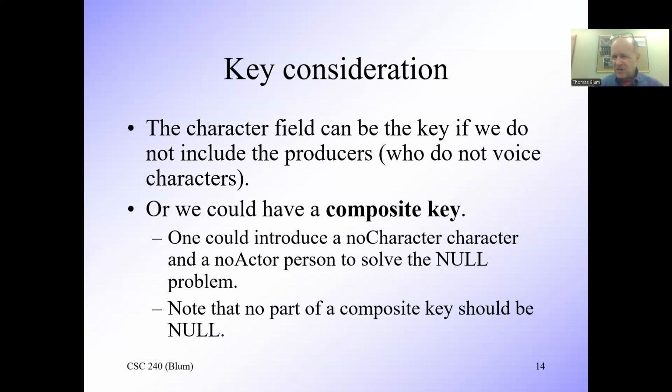And so we're going to introduce this concept of composite key. There might be some character information and some real person information combined to make this composite key, but no part of a key should be null. And so then what about a producer? What about a character like Maggie Simpson who's not really voiced?